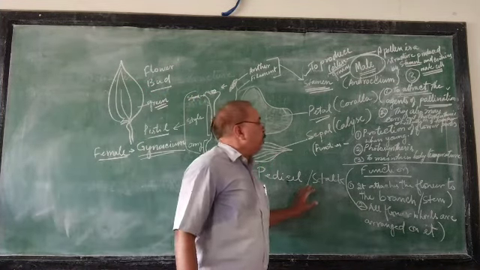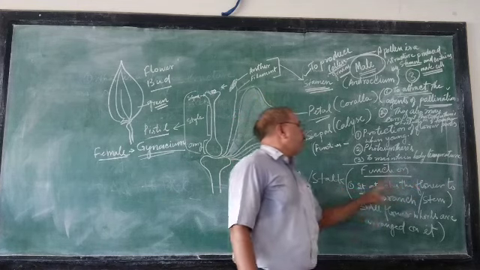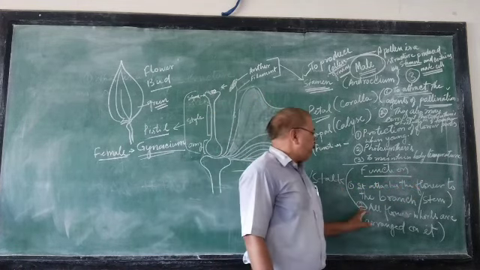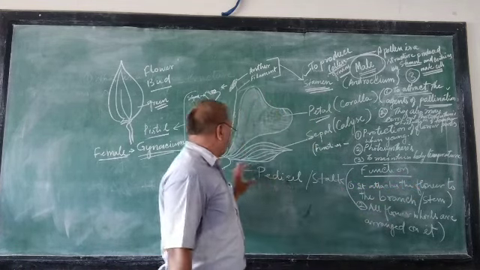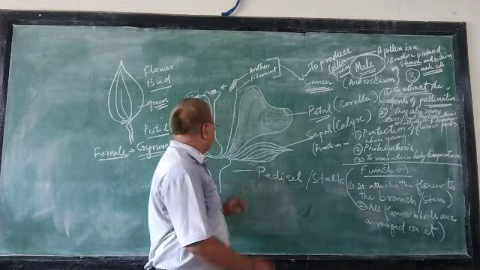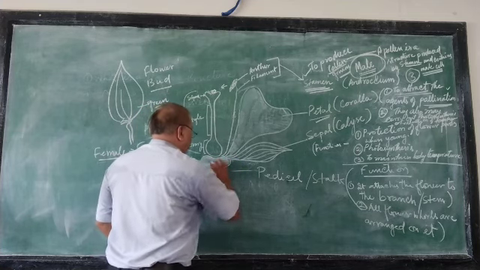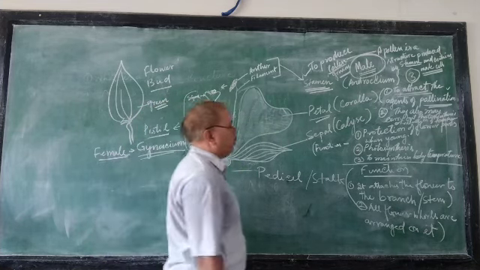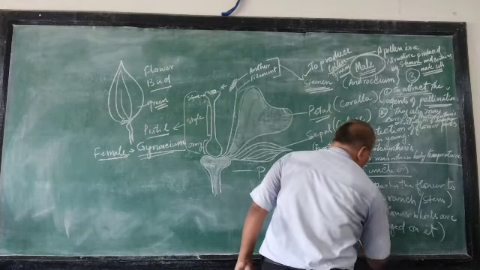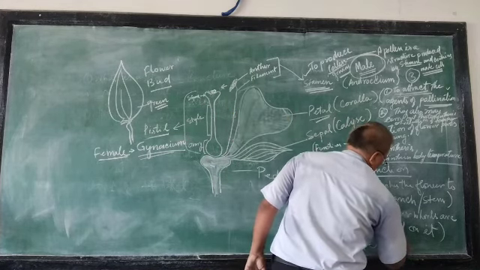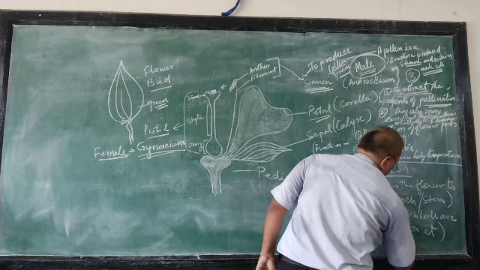Pedicel also, it attaches the flower to the branch or stem, and second, all the floral parts are placed on this structure. This is your pedicel, right? This is generally green in color and it also carries out the process of photosynthesis.